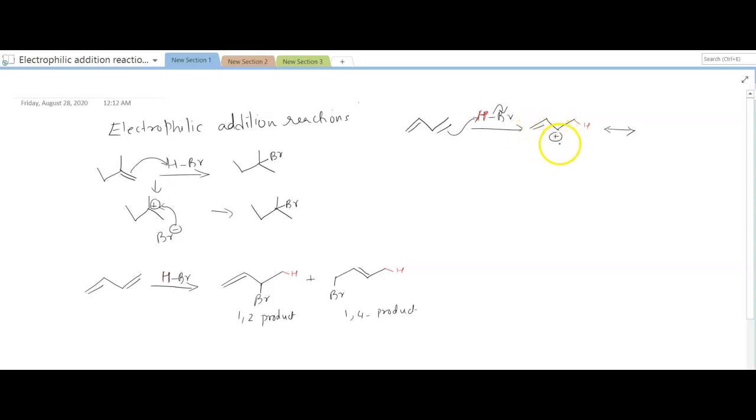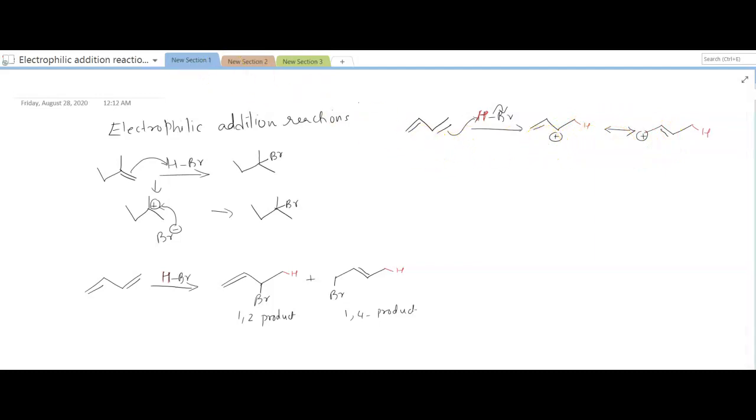It can exist in resonance in this manner, where the double bond moves over here and we have the positive charge over here. Let's keep the hydrogen drawn just to make the picture clear. However, you do not have to draw the hydrogen every time. Now we have two resonance structures of the allylic carbocation.